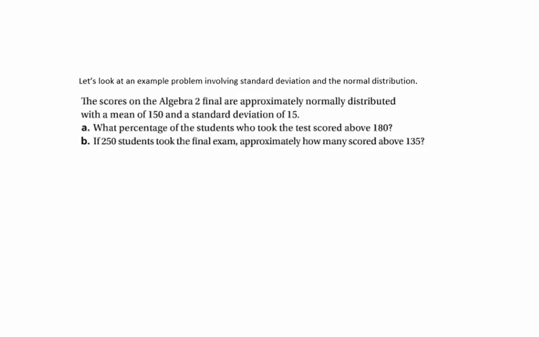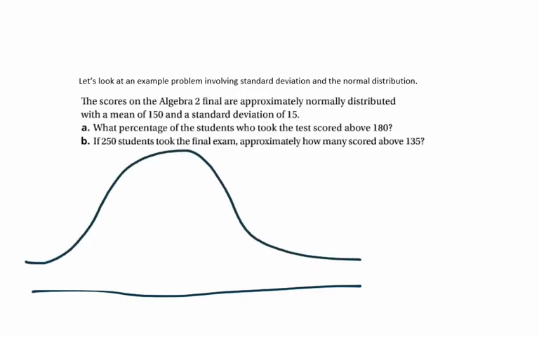So the easiest way in my world to do this. If you want to Google it from some random person on the internet, go for it, but really, they're not going to show you anything better than this. So you've got your normal distribution, and we are told that the mean there is 150.